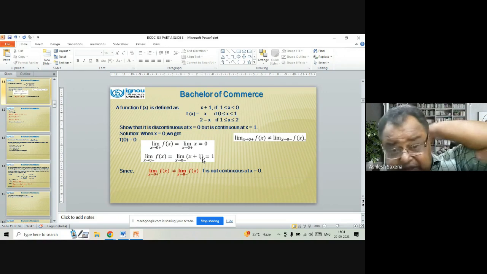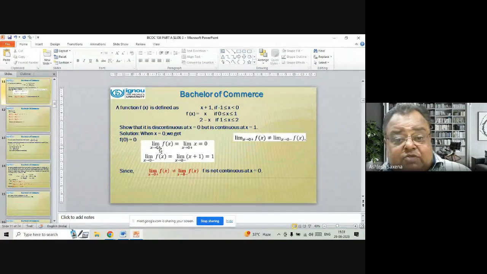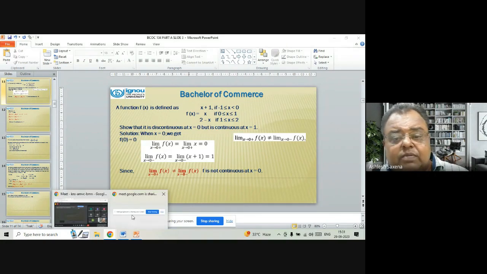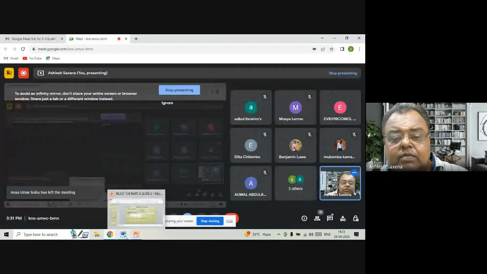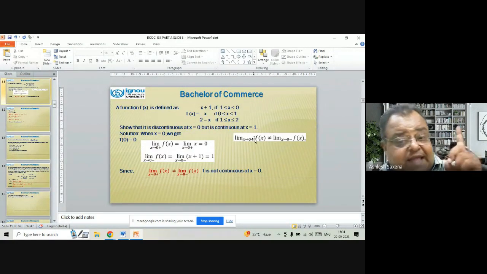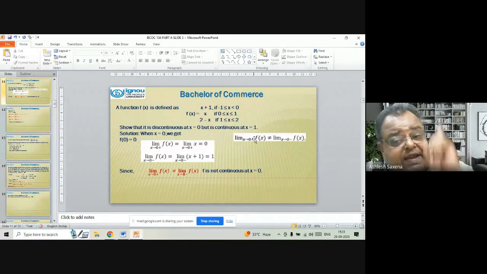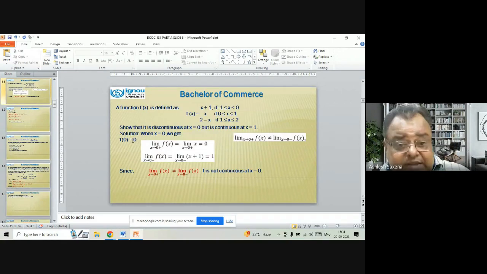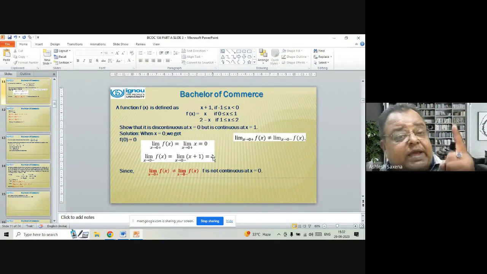Here we see that the limit as x tends to 0 plus is not equal to the limit as x tends to 0 minus. If this condition has been reached, we can say that f(x) is discontinuous, or not continuous, at x is equal to 0, because all three have to be equal.